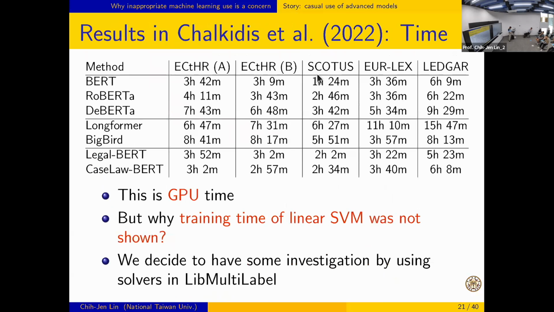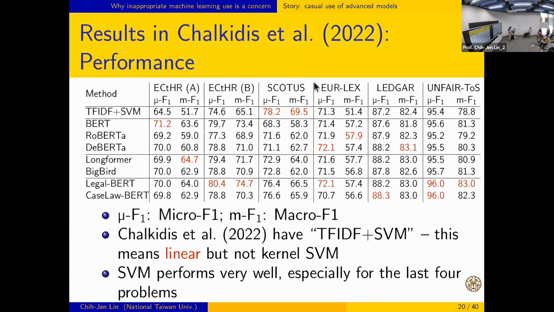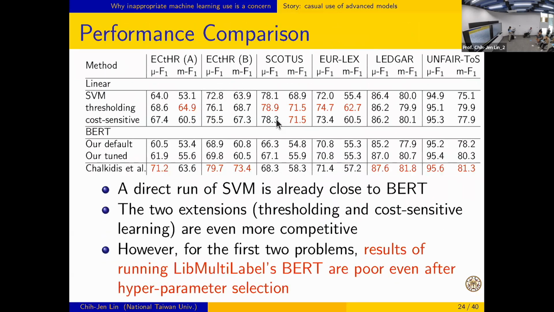Earlier, in the table, only for 1 data set, this SVM is the best. But now, from the red colored values, you can see that already for 2 data sets, this linear method is the best. And for this one, we have 86 something versus 87, slightly lower, and 95 and 95. So they are almost the same.